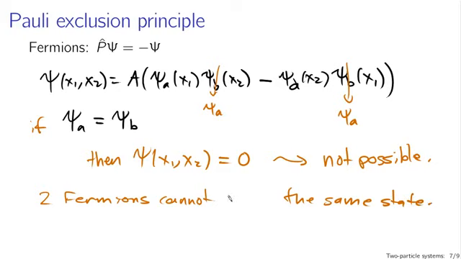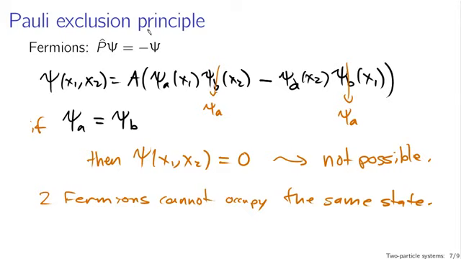I'm not quite sure how I spelled occupy there, but I don't think it was right. Two fermions cannot occupy the same quantum mechanical state, and that comes from the fact that fermions are required to obey antisymmetry under exchange. And of course, if you have two particles in the same state, exchanging things doesn't do anything. It's not going to change your wave function.